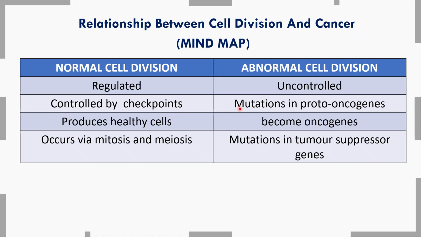In abnormal cell division, mutation of proto-oncogenes occurs. Normal cell division produces healthy cells. In abnormal cell division, proto-oncogenes become oncogenes. Normal cell division occurs via mitosis and meiosis. Abnormal cell division occurs with mutations in tumor suppressor genes.